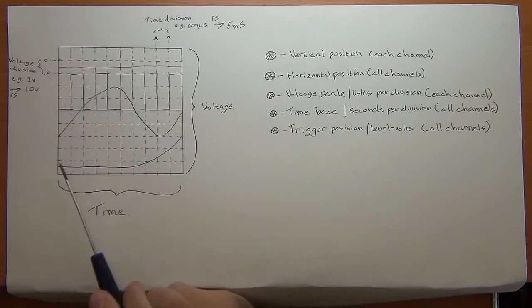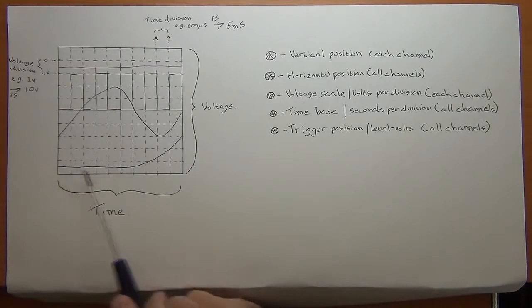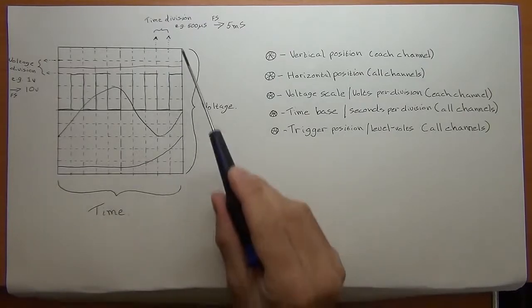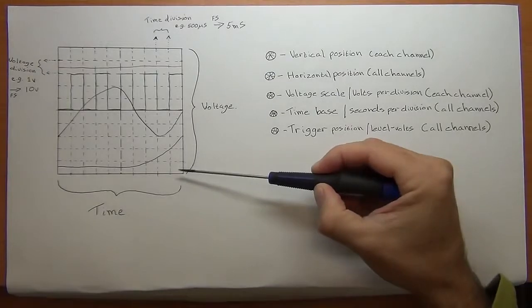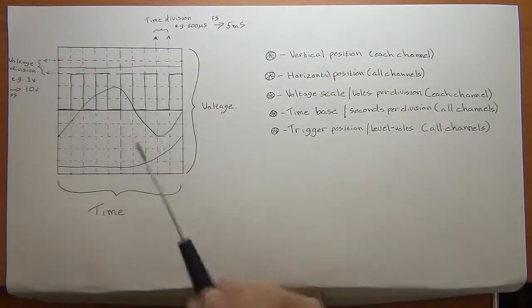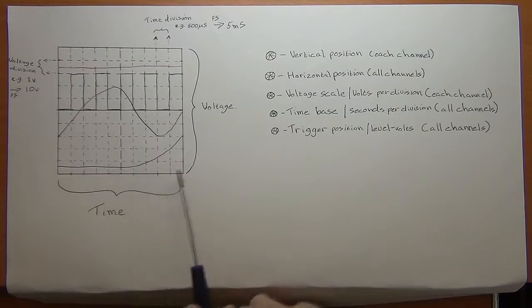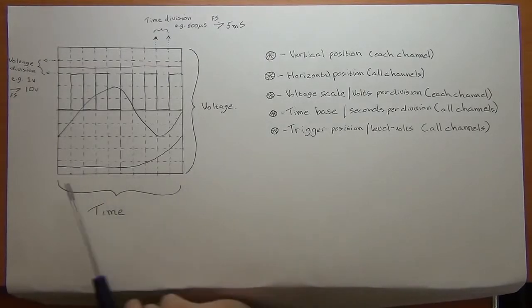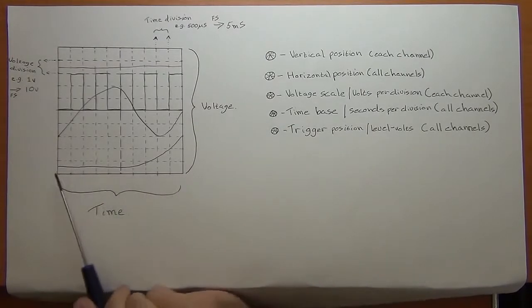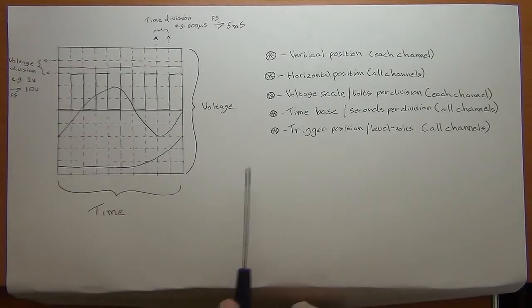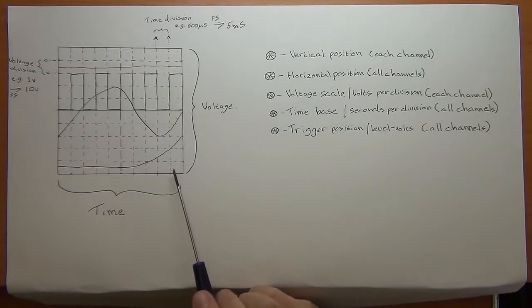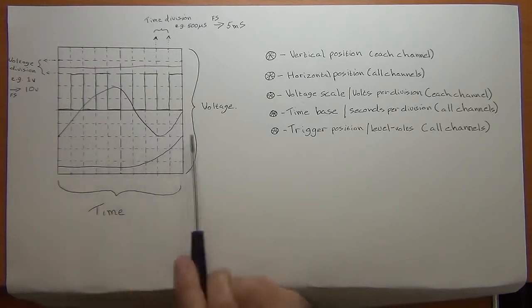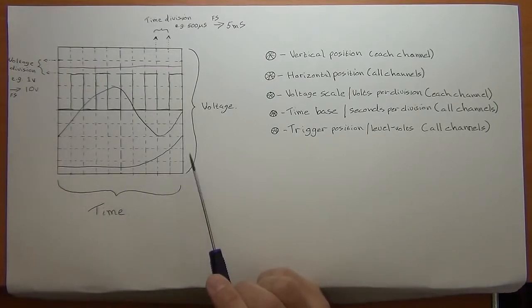Now generally the size of the matrix on oscilloscopes can differ. I've got a matrix here of 10 by 10 in essence. There's divisions, and that's what they call them. So there's 10 divisions going up and there's 10 divisions going along the horizontal line here. Now that's known as your time base, and when you set your oscilloscope you can set what that time base should be, or it can be automatically selected for you, because you might not know the best time frame to view a signal.